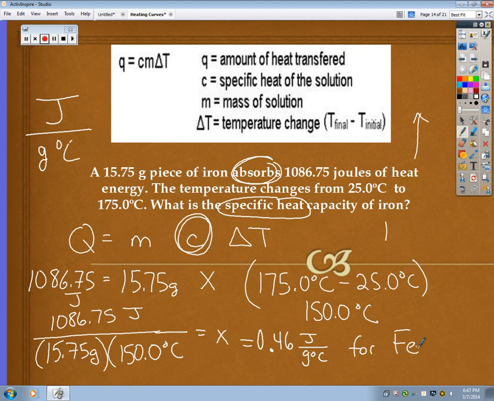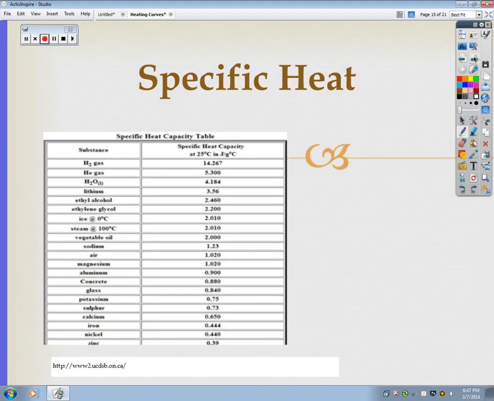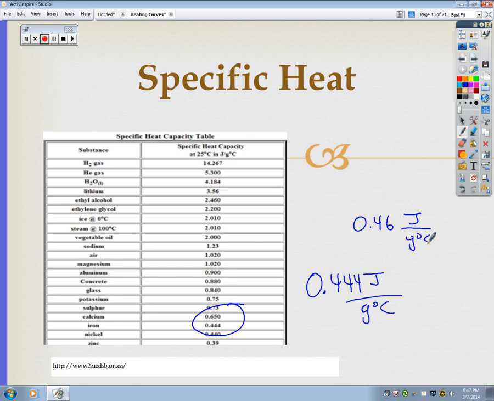Granted, we're going to have a little experimental error, but if we look at the specific heat for iron, right here, it's 0.444 joules per gram degree Celsius. Our 0.46 we just got is pretty close. So if anything on here, our sample's iron.